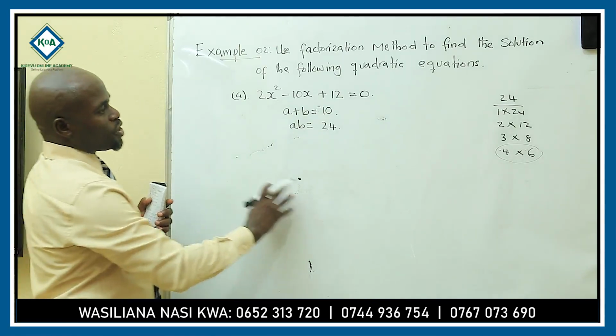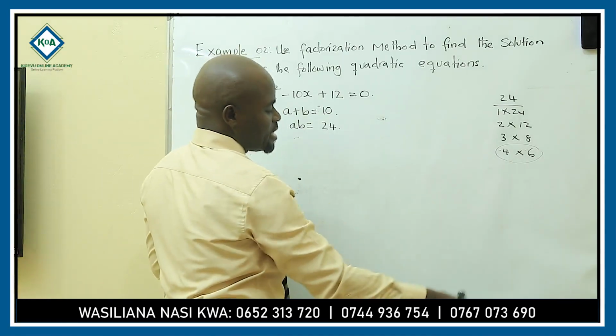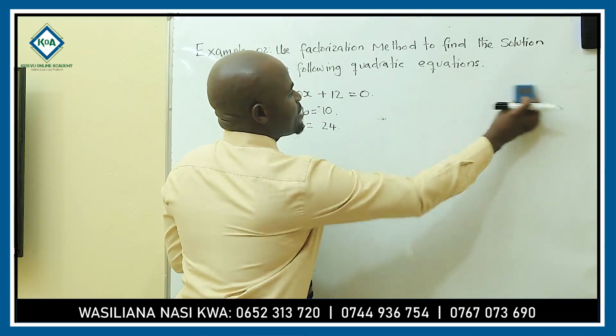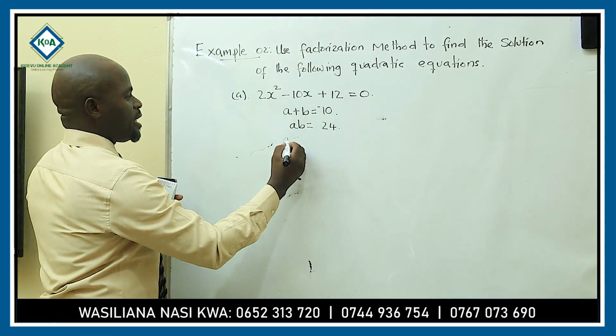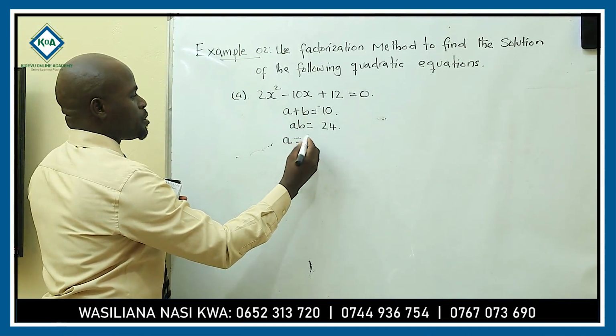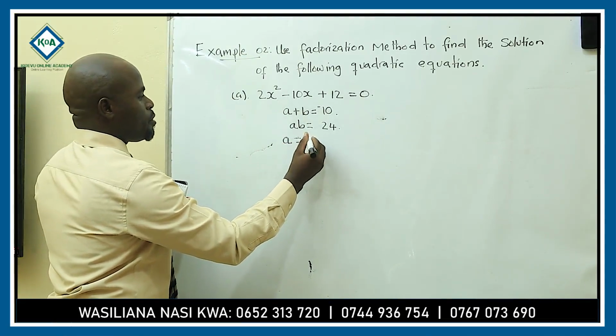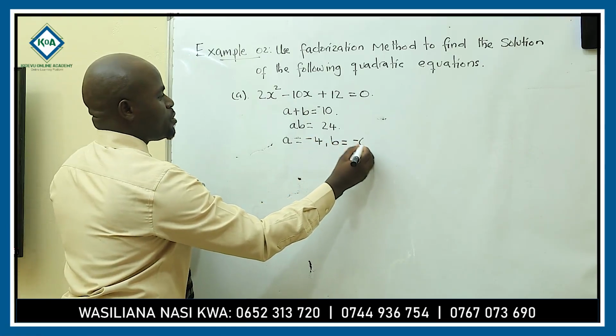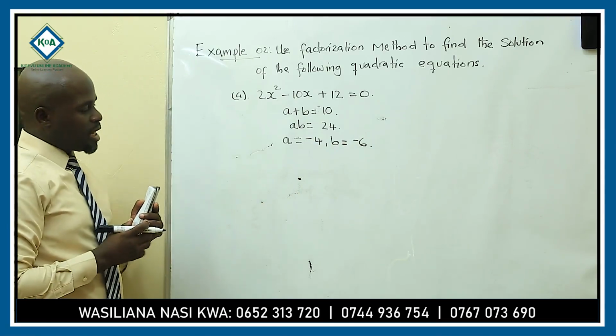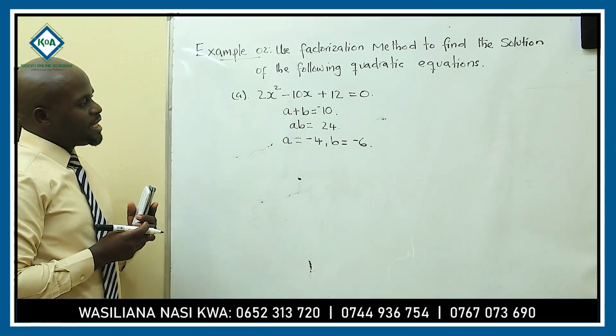So our numbers are negative 4 and negative 6. A is negative 4, and B is negative 6.